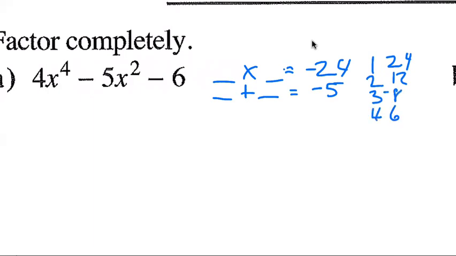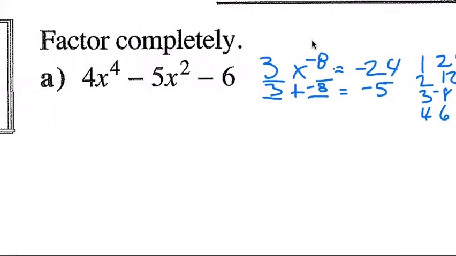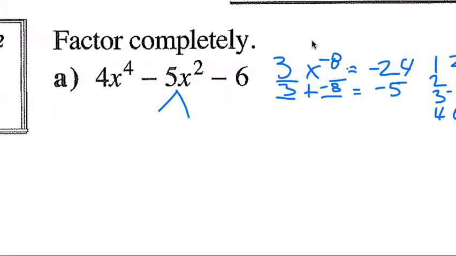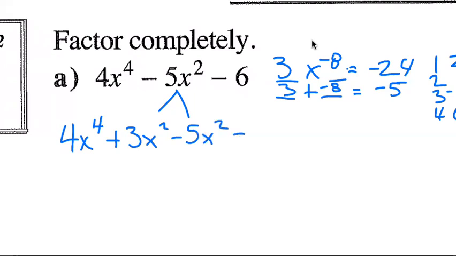So if it's +3 and -8, that gives me -24. +3, -8 gives me -5 if I add them together. Okay, so this is factor by decomposition, so I need to split this term up. Okay, 4x to the 4th plus 3x squared minus 8x squared minus 6.